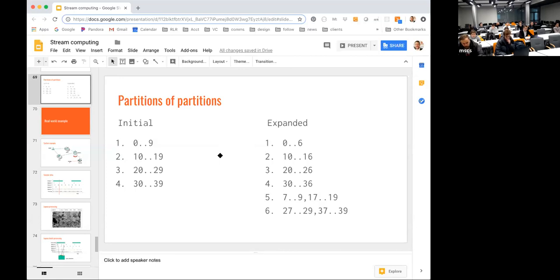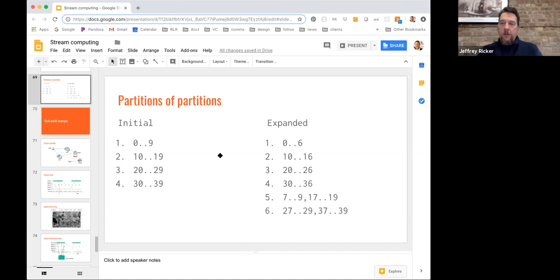Then we can expand it to 6. Correct. But if we choose at the start a big amount of partitions, a million for example, it will be hard to manage. Right. You don't want a million.